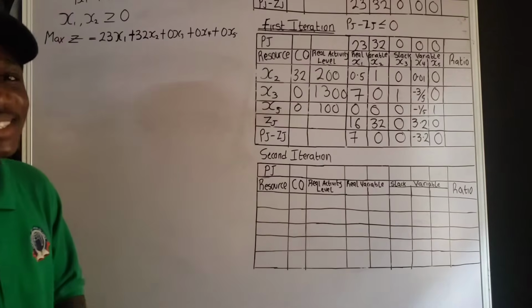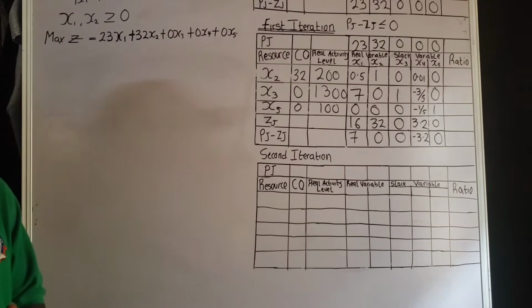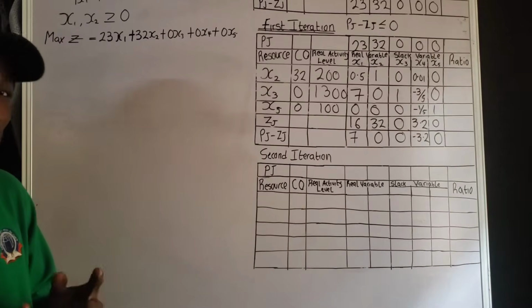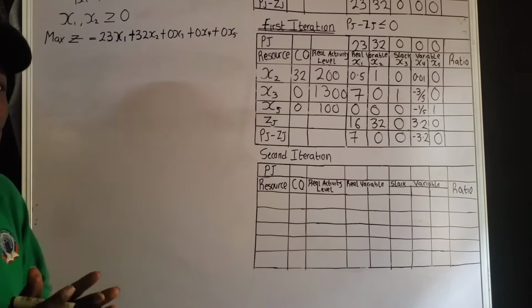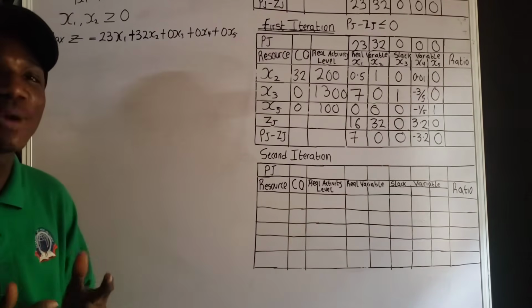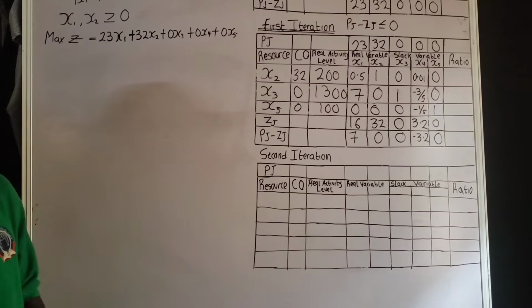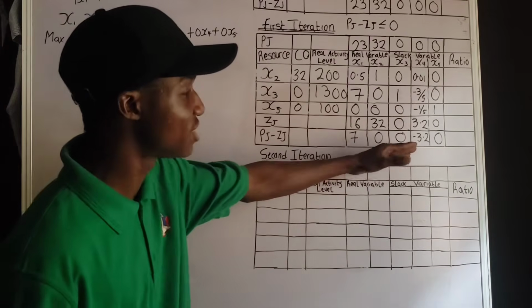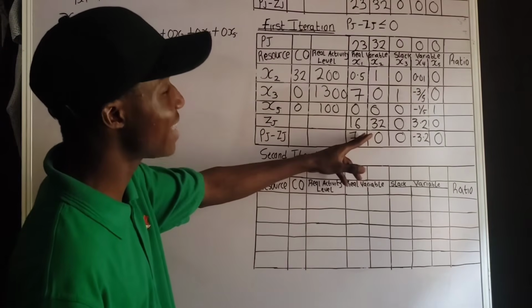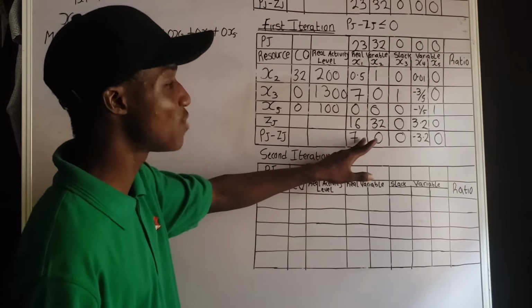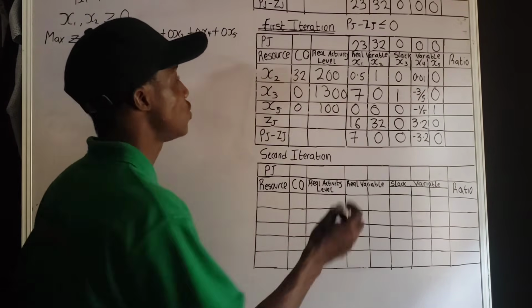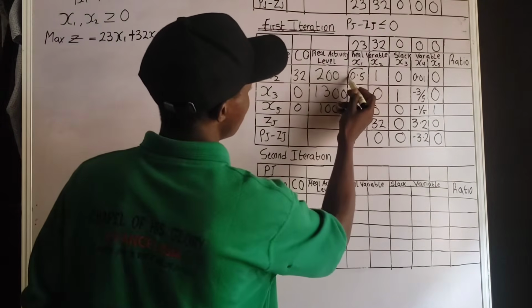The column to which the highest value of pj minus zj belongs, that will be my key column. You understand? And if you check among the pj minus zj's, you can see that 7 has the highest value. The column to which 7 belongs, that column will be my key column. You understand? So I'm going to circle this column.